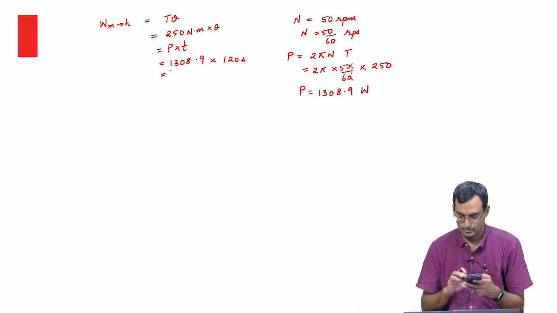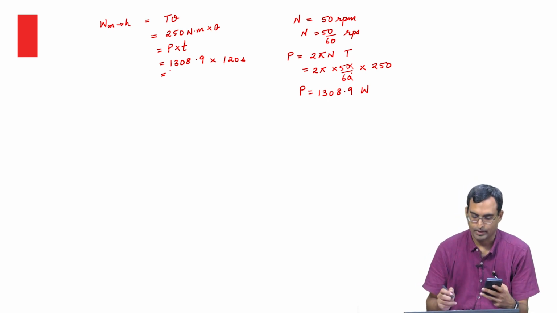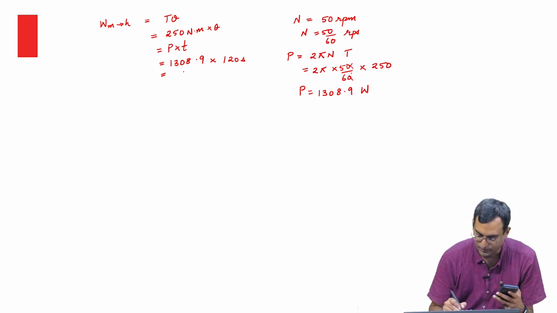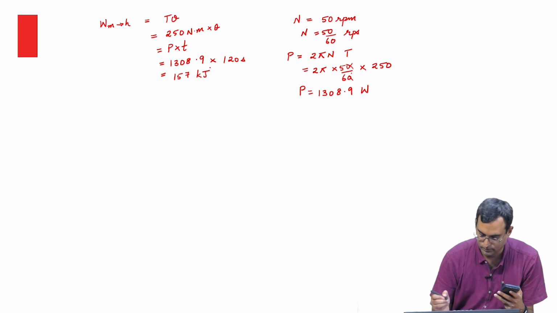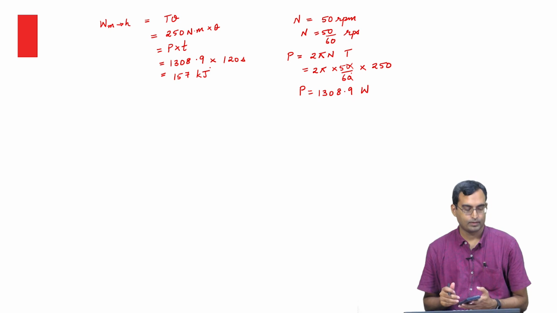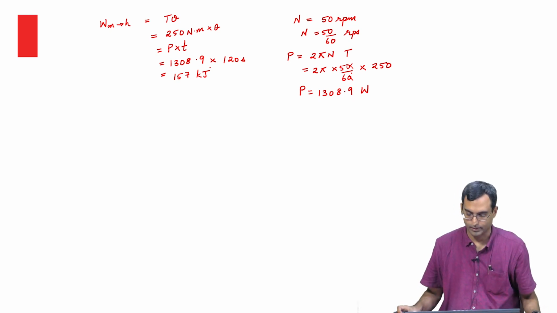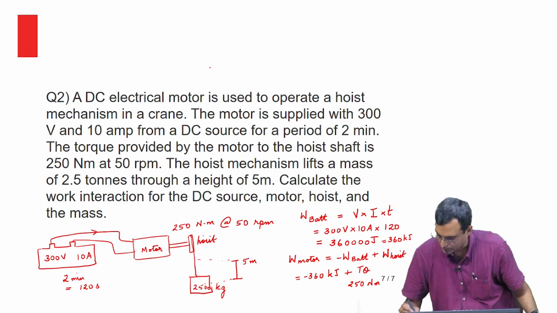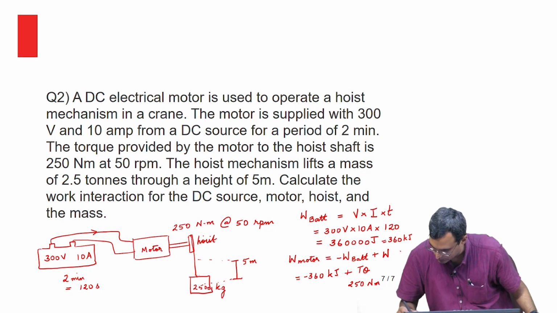So, I get this value as 157 kilojoules. This is the work from the motor onto the hoist. So, let me just call this the same thing here, work done by the motor on the hoist.